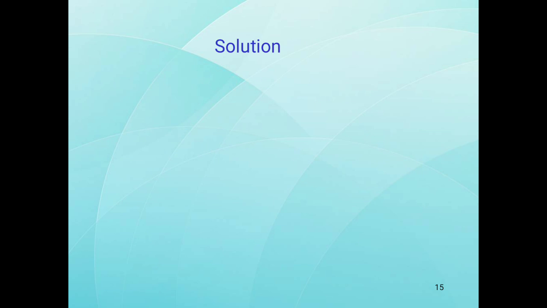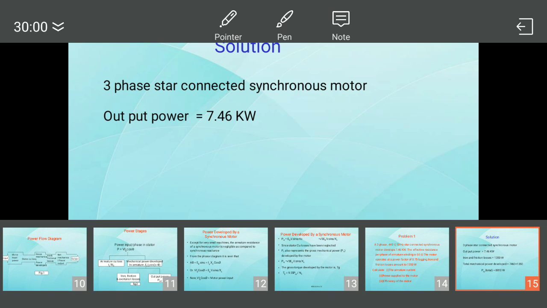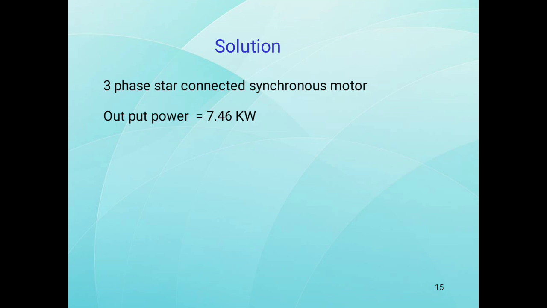Now the solution is: three-phase star connected synchronous motor. Output power is 7.46 kilowatts and iron and friction losses are 1350 watts.